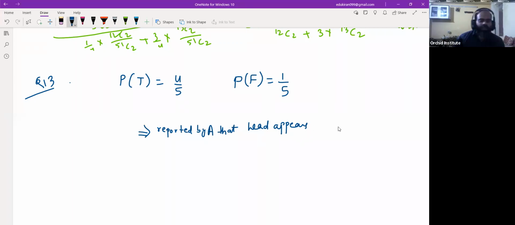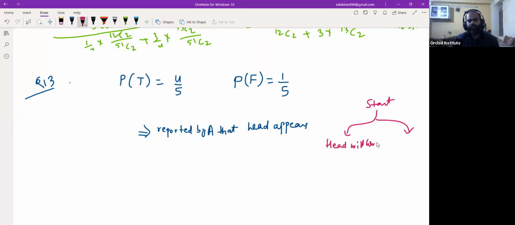So you have to take the help of a tree diagram again, that will help to understand the question. So experiment starts. If experiment starts, what will happen? Will he tell lie or truth, or first the output will come? What will come? First, either head will come or tail will come. Then only he will be able to tell.